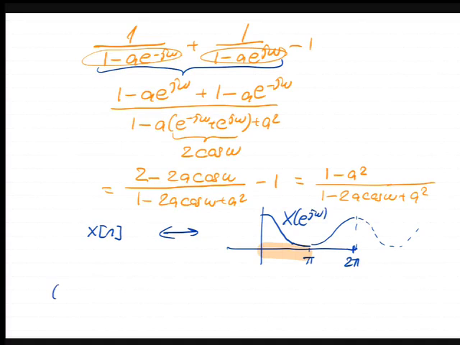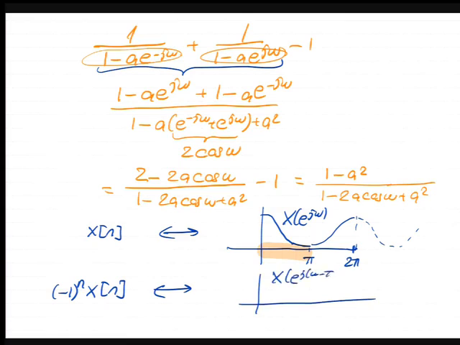If I multiply this with negative 1 to the power n, that shifts it by pi. So now I get X of e to the j omega minus pi. So what that does is it brings what was around omega 0 to around omega equal pi.